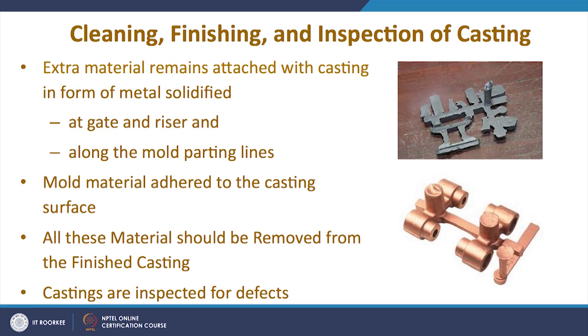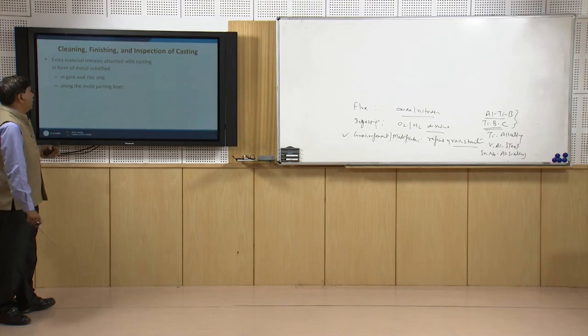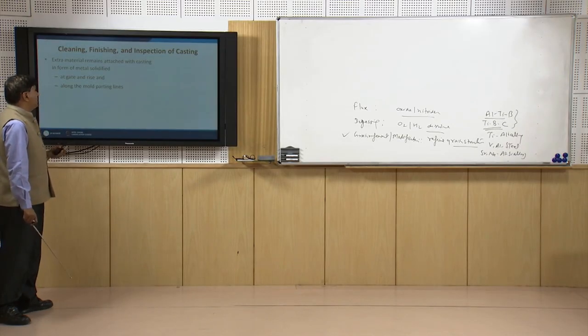All these are undesirable parts related to the solidified casting. So, these must be taken care of, and for that purpose we need to remove the unnecessary fins and projections, and cleaning is required.